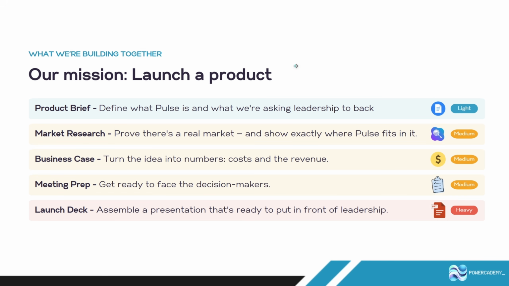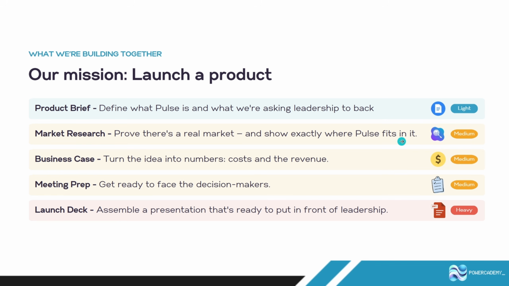And the idea here, if you're trying to launch a product, then great. This is going to be very specific for your scenario, but most of you probably aren't trying to do that. What it's going to do is show you all of the different pillars that Cowork works on, so you can relate those to your day-to-day tasks and utilize the areas that you need and ignore the ones that you don't. So what we're going to need is a product brief for what we're trying to launch.